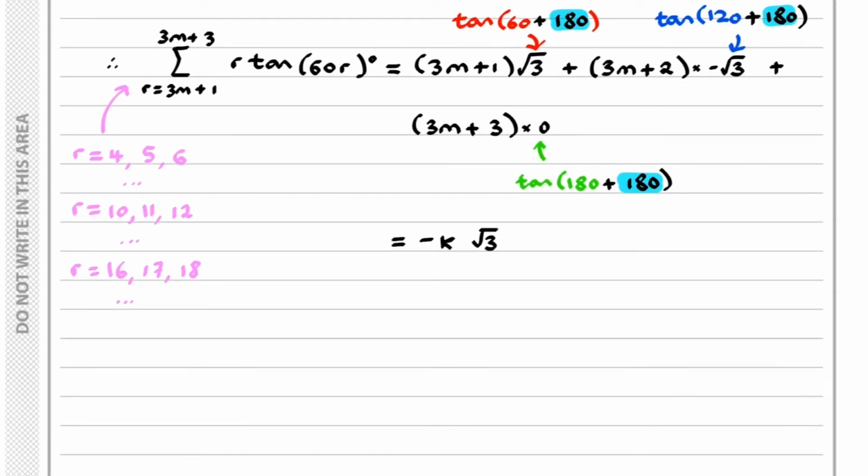And so because of that, what we can therefore conclude is the sum from r equals 1 to r equals 3k of r times by the tangent of 60r degrees will equal minus k times by the square root of 3.